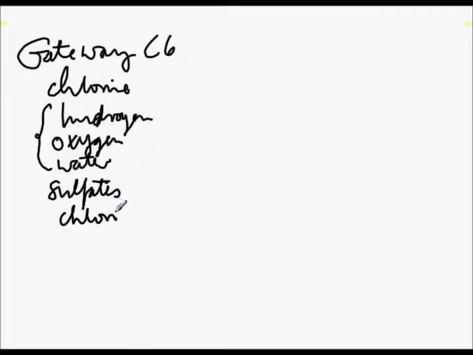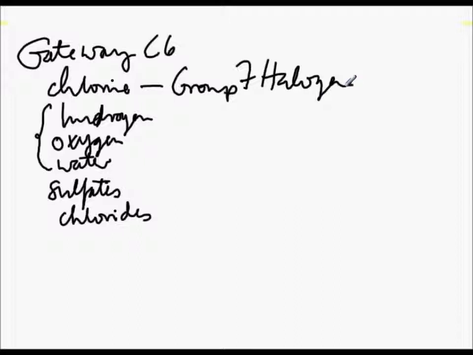And chlorine and chlorides are related in the sense that chlorine is a group 7 element, a halogen, and a chloride is chlorine as a halide, so it's a reacted halogen.